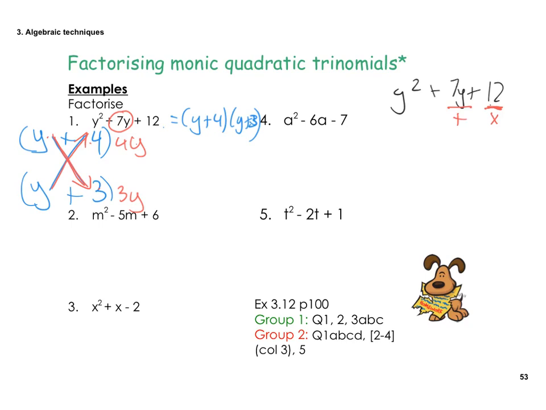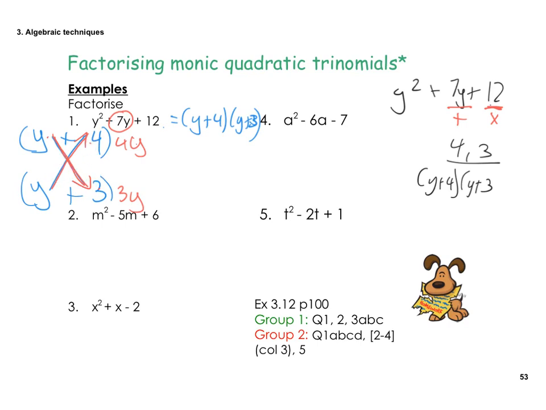Now I've got to think of two numbers that times to give 12, and those same numbers add to give 7. And they, of course, are 4 and 3. Once you have that, our answer is just y plus 4, y plus 3. So 4 plus 3 is 7, 4 times 3 is 12. Okay, now from this point onwards, I'm actually going to use the cross method. It's more versatile for questions later on.